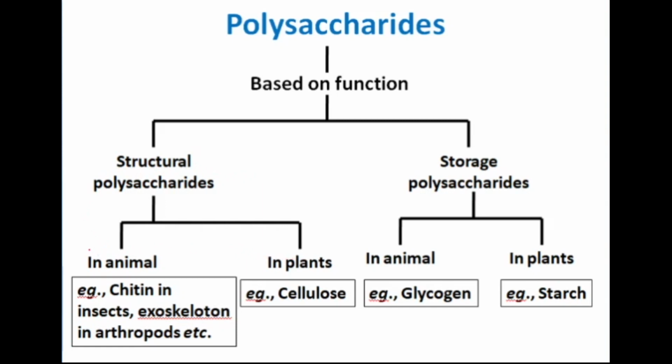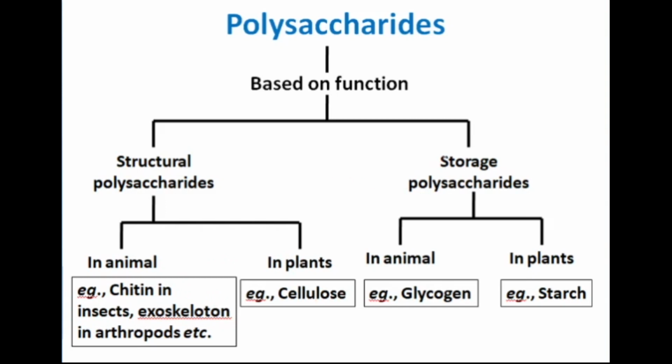It may be present in animals, it may be present in plants also. In animals, chitin is one of the structural polysaccharides present in some insects and arthropods. They also act as exoskeleton in arthropods. Then in plants, cellulose is present in the plant cell wall.